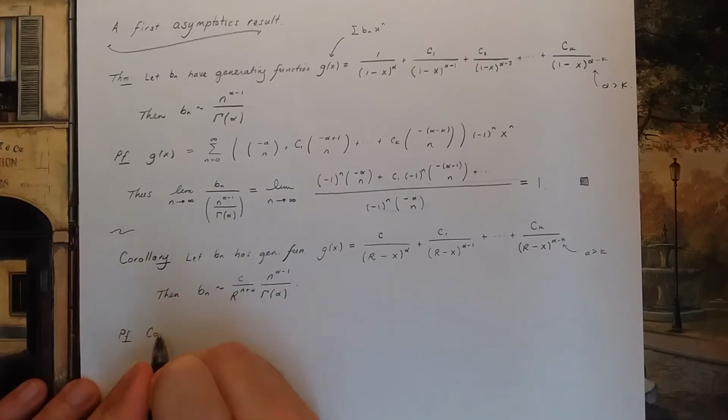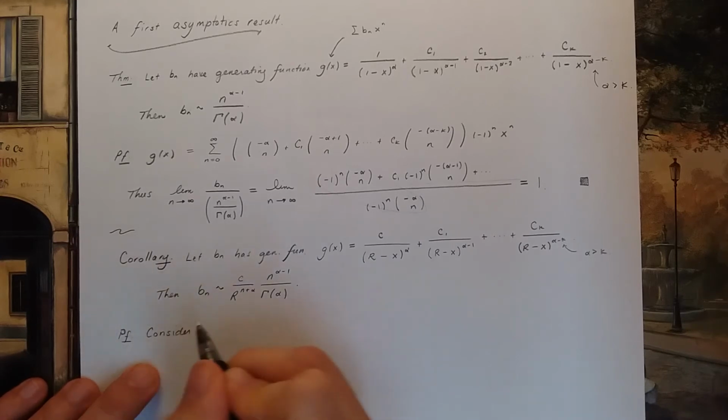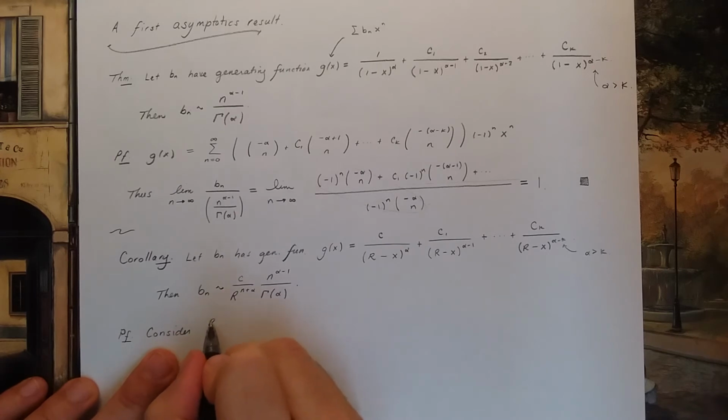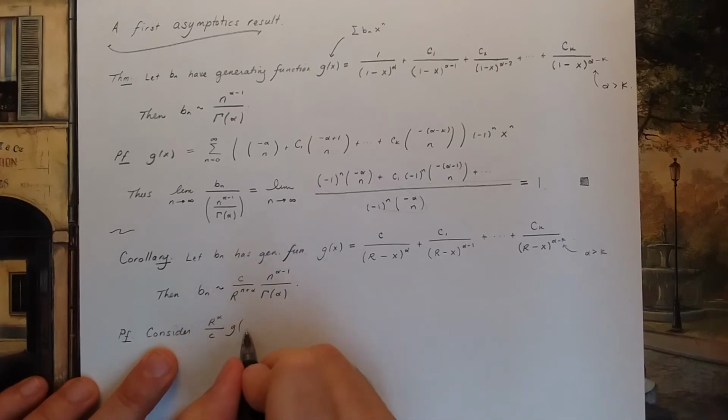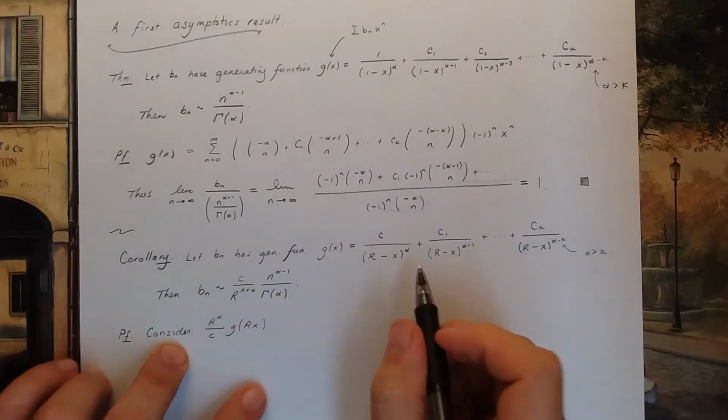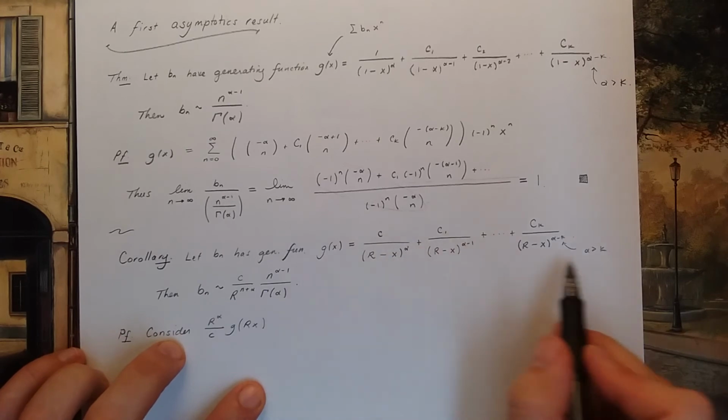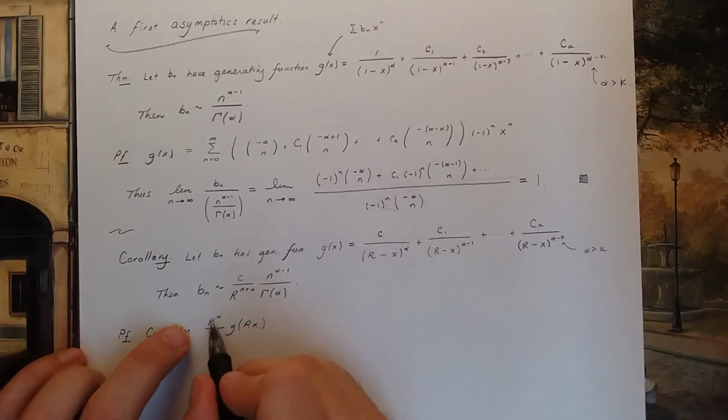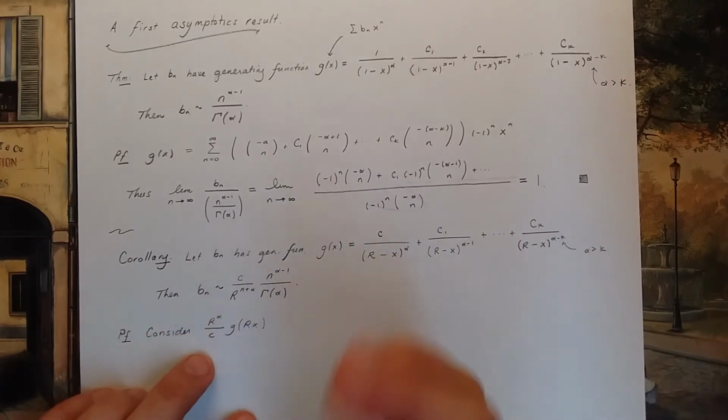I'm going to consider the function r to the alpha over c times g(rx). So I'm going to plug in rx wherever I see an x here, and I'm going to multiply the whole result by r to the alpha power divided by c.